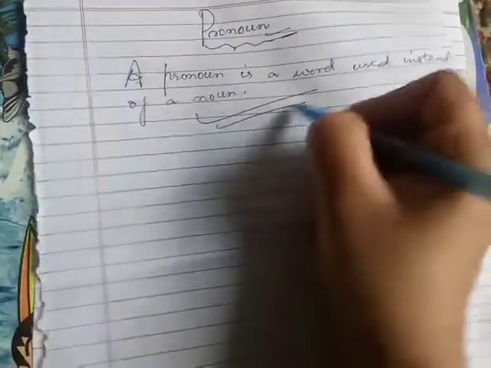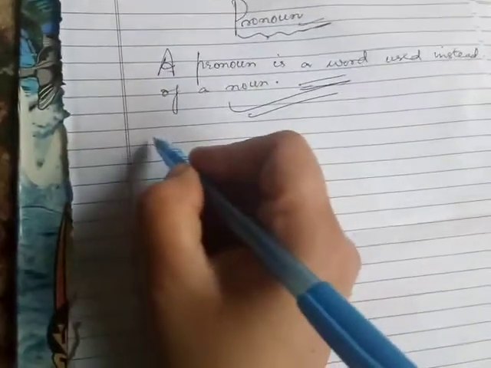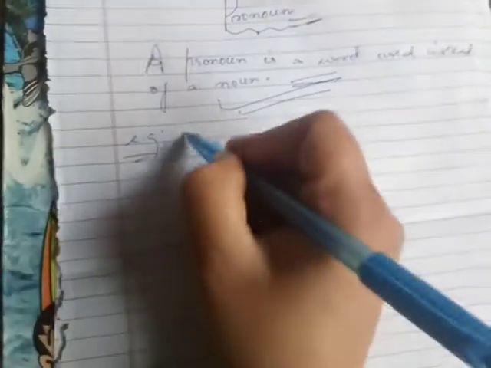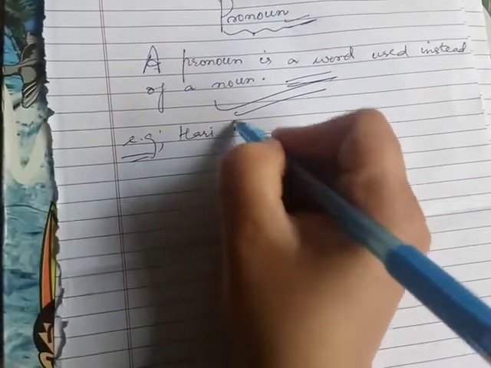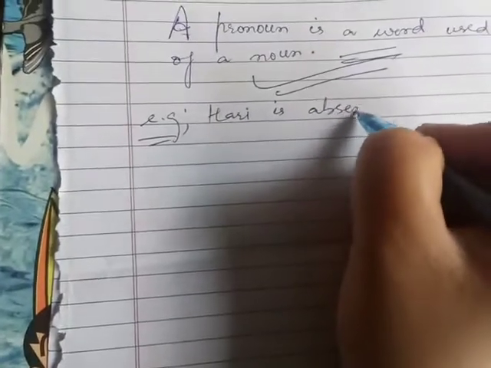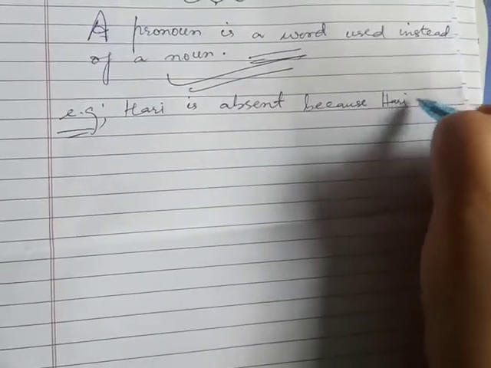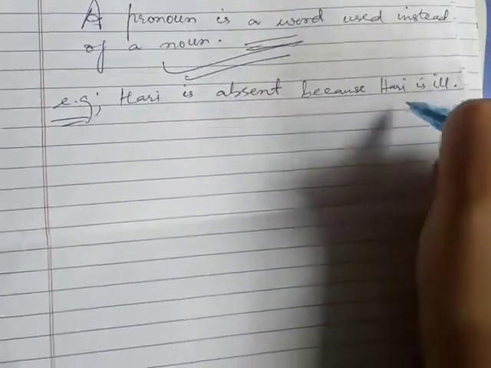I will make this point clear with the help of an example. Look here, my dear students. Harry is absent because Harry is ill. My dear students, it is better to avoid the repetition of Harry.